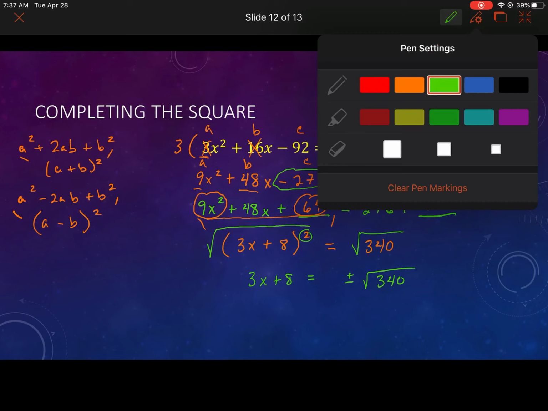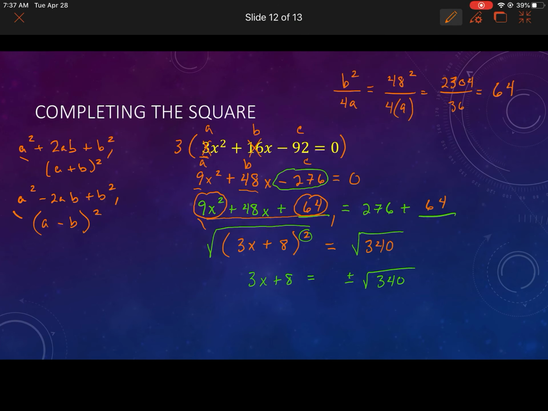Okay? Now, I do need to see if 340, because I know it's even, can be simplified. So let's see if we can actually simplify the square root of 340. So divide it by 2, and we get 170. 170 is 2 times 85. 85 is 5 times 17.